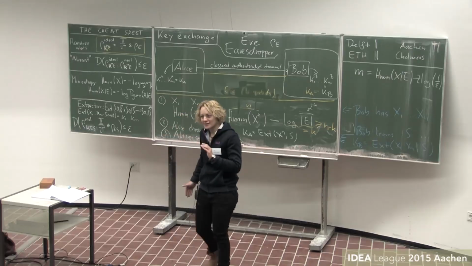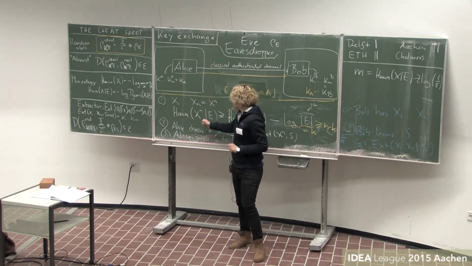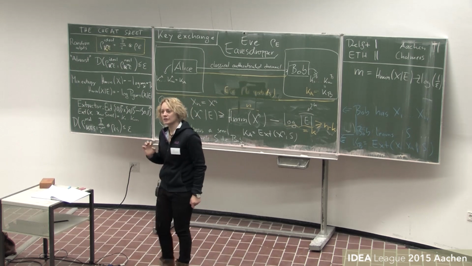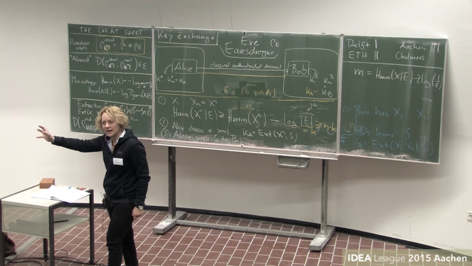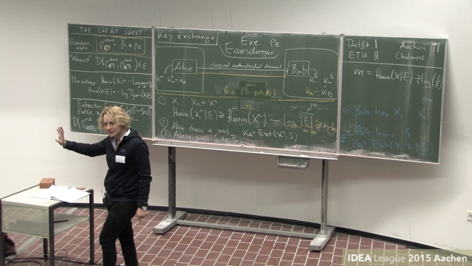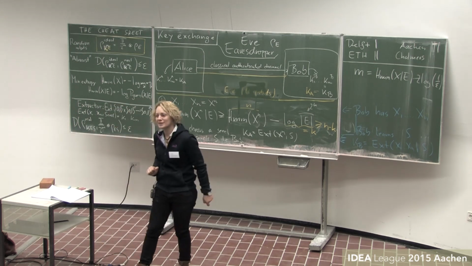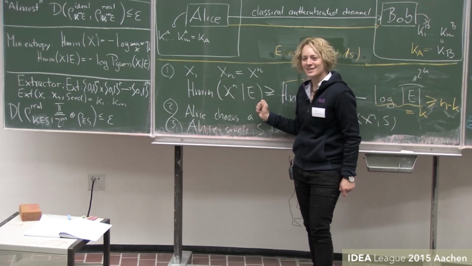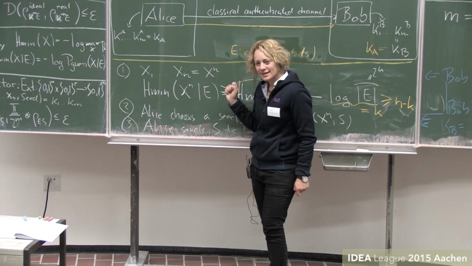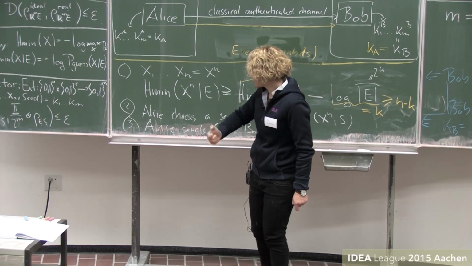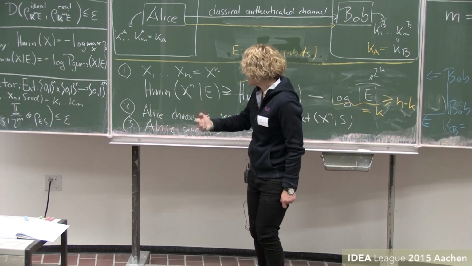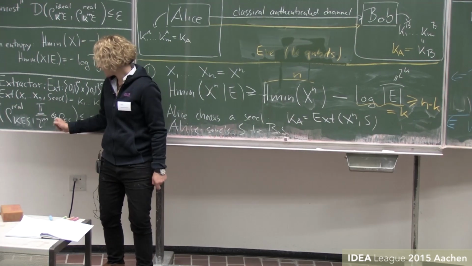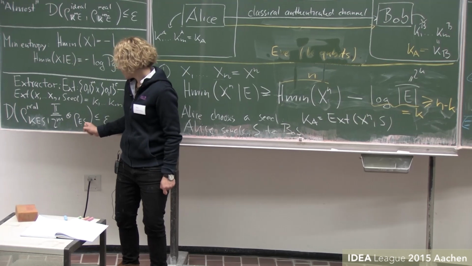The point about privacy amplification is that, in fact, we don't need to think about this at all. We don't need to think about the ways that Eve could possibly obtain this k. We are guaranteed by the proofs of randomness extraction or privacy amplification that if we know the min entropy is large, then even if we choose a random extractor and apply it to x to get a key, the key will be uniform and uncorrelated from both Eve and also the seed.